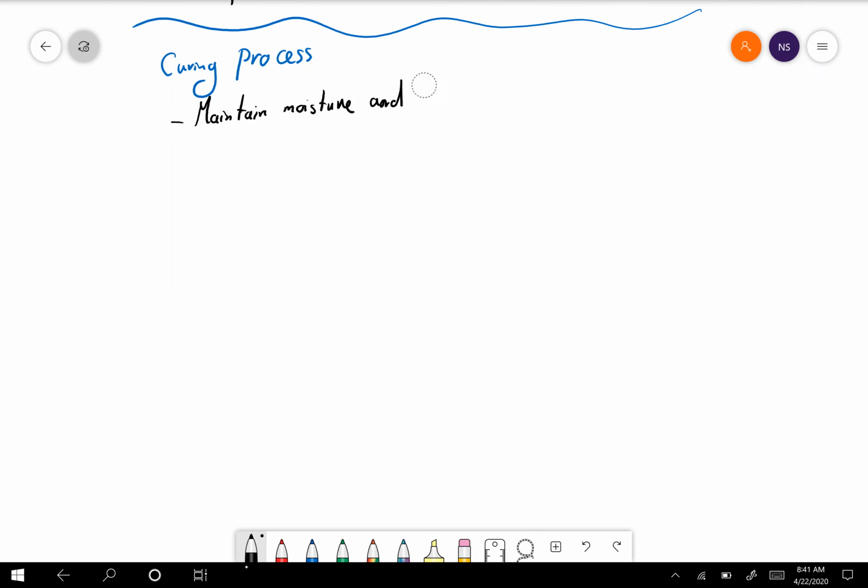So maintaining moisture and temperature in the concrete to promote continued hydration.